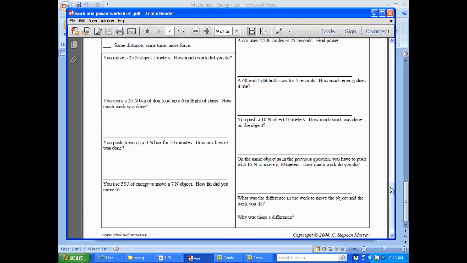So I will do 2 from each side, just due to lack of time, I want to get you guys going on your lab. So let's do this one. You move a 25 Newton object 5 meters. How much work did you do? So if we're talking about work, it's force times distance. We have a force of 25 newtons, a distance of 5.